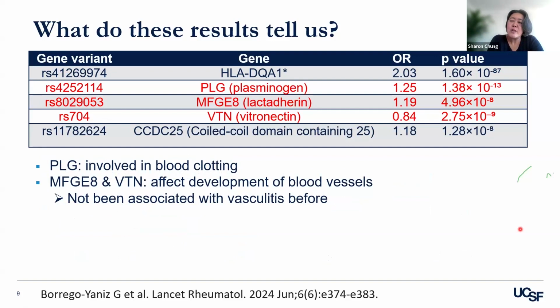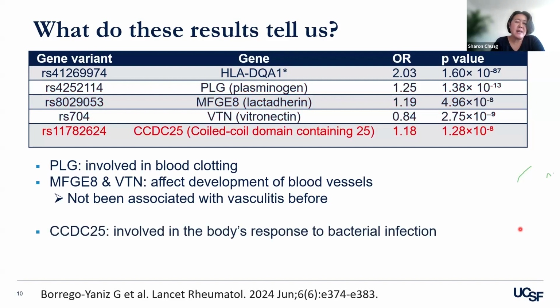This is actually the first time we've seen genes involved in the development of blood vessels to be associated with vasculitis. Most of the time we see genes that are involved in immune responses associated with vasculitis. So this kind of gives us a sense that there are these other pathways and other cell activities out there which are important for the development of this disease.